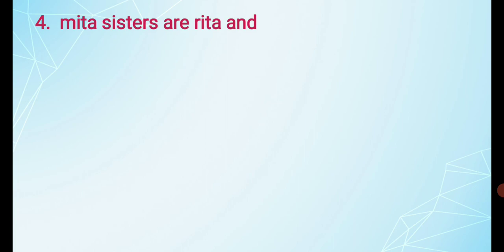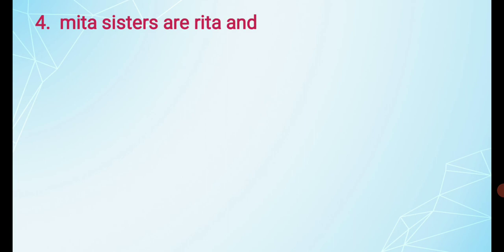Mita sisters are Rita and. Here, just look. Mita and Rita are both nouns and both can be the active part of the sentence. If you write Mita and Rita are sisters, it will be right.